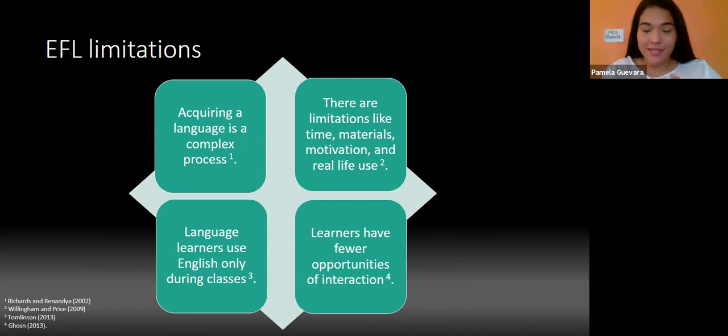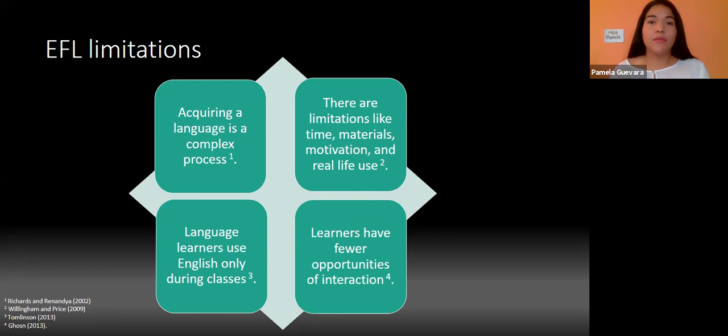One of the limitations that as English teachers or educators we face every day is that, first of all, acquiring a language, it doesn't matter which, is complex. We have to add time limitations, resource limitations to this formula, and also what kind of motivation our students have for learning English.